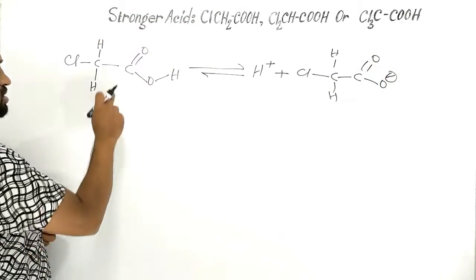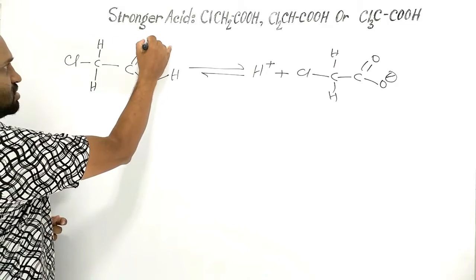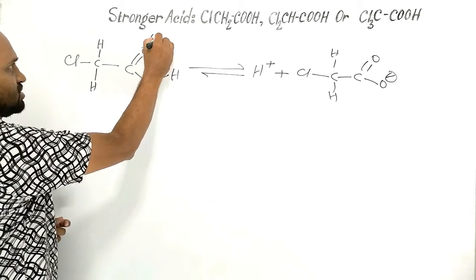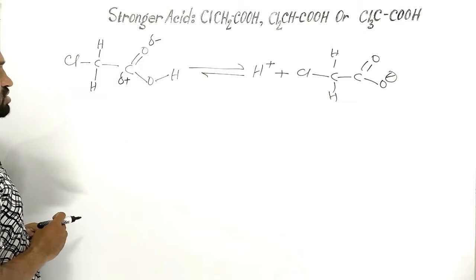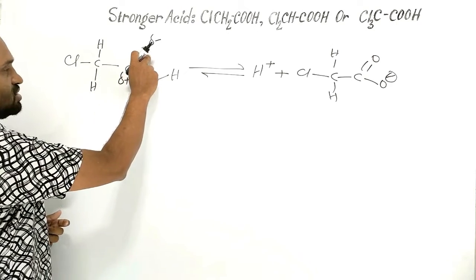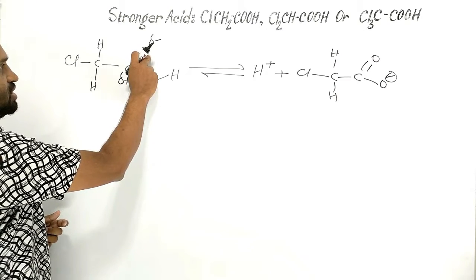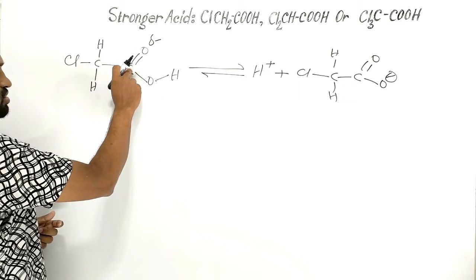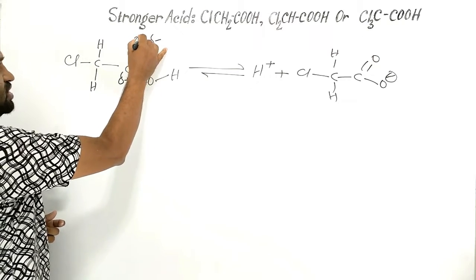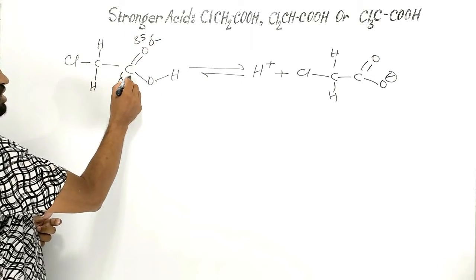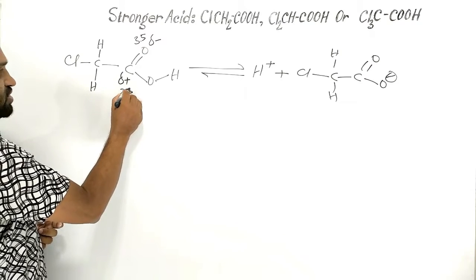Here, this oxygen gets partially negatively charged, and this carbon gets partially positively charged, because oxygen is a more electronegative atom than carbon. Oxygen's electronegativity is 3.5, carbon's electronegativity is 2.5.